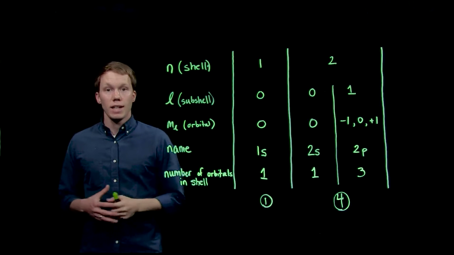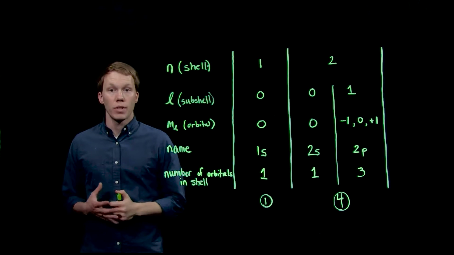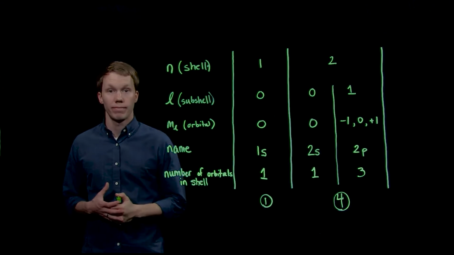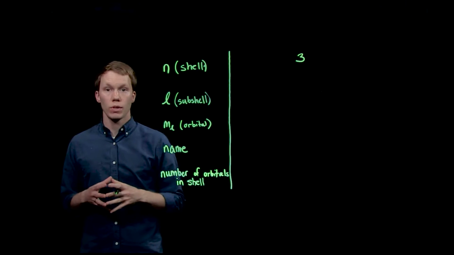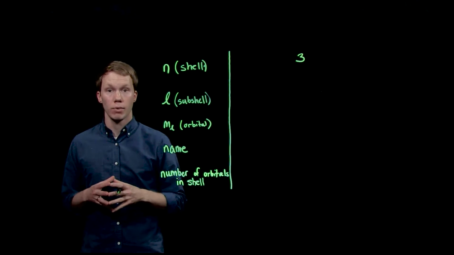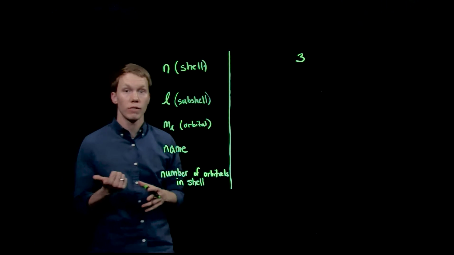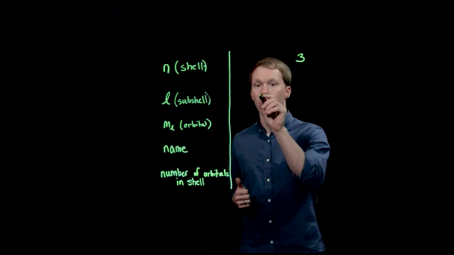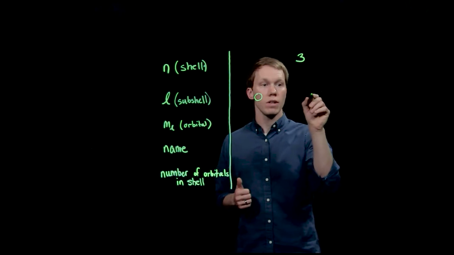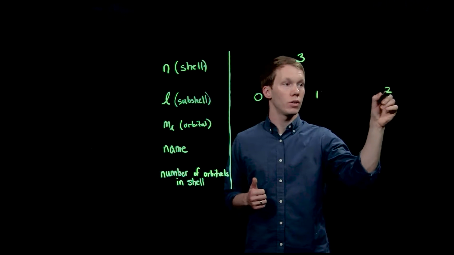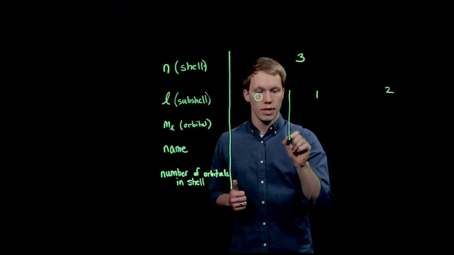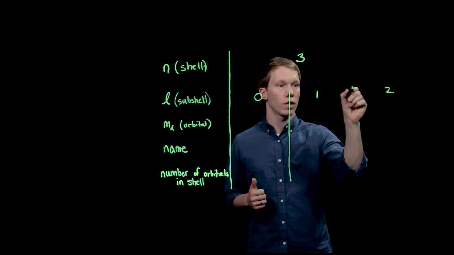Now I'd like you to take a moment and try to fill out the numbers for the n equals 3 shell. When n equals 3, we will have 3 possible L values, 0, 1, and 2, ranging from 0 to n minus 1. So we'll start here with 0, 1, and 2. And I'll draw some additional lines in my table for clarity.